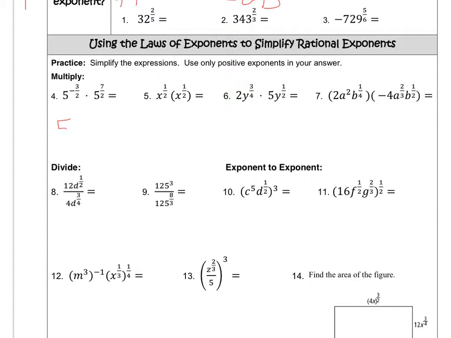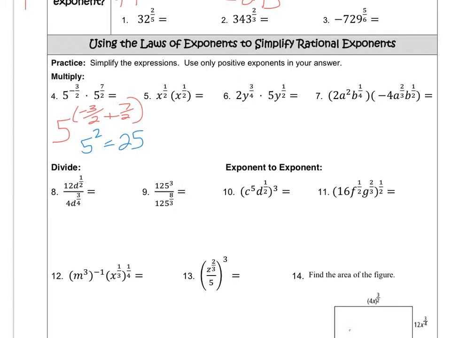So that's going to be 5 to the -3/2 plus 7/2. -3 plus 7 is 4. 4 divided by 2 is 2, so that equals 5 squared, and 5 squared equals 25.